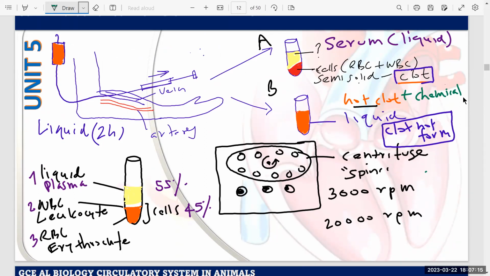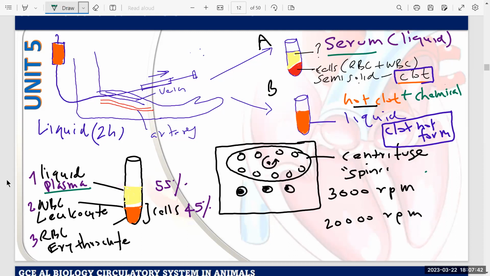So we haven't learned blood clotting yet, but why are serum and plasma different? Serum is what is left after clotting. Some of the proteins are not in the serum.